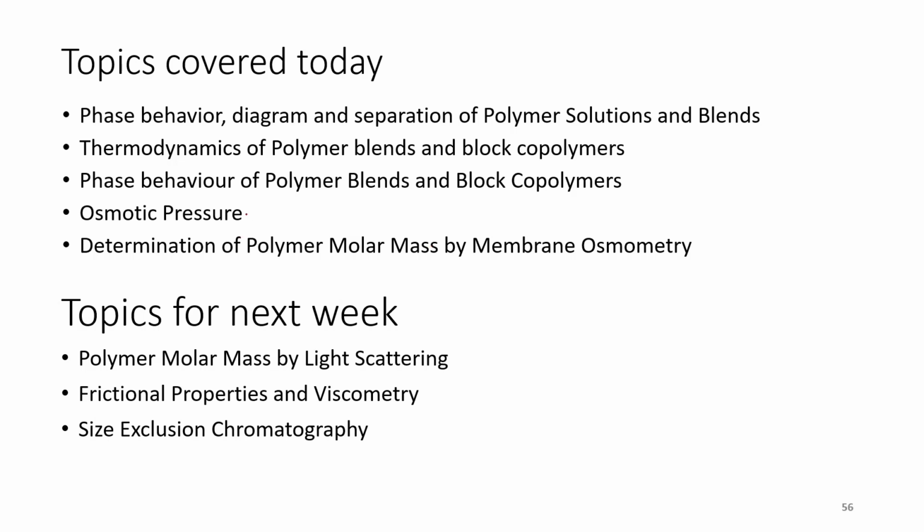Then we discussed the osmotic pressure, and the equation which tells the osmotic pressure is the Van 't Hoff equation, and how the polymer solutes generate osmotic pressure and help in generating the osmotic head, right? After that we discussed the different polymer molar masses by membrane osmometry, and also how to calculate the number average molar mass when we know the osmotic pressure value, right?